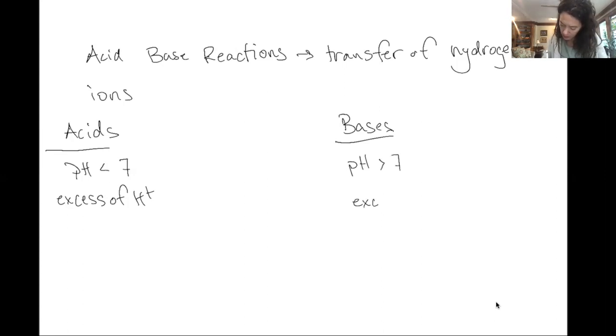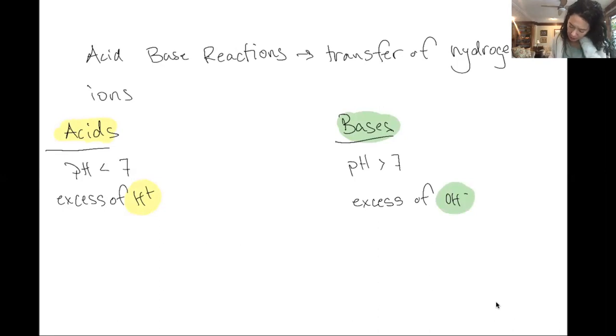They themselves have an excess of hydroxide ions. So when you consider acids and bases, acids and hydrogen always go together, and bases and hydroxides always go together, okay?